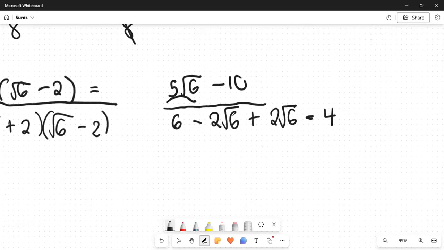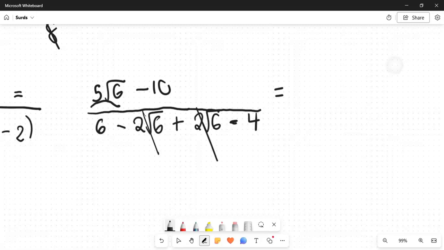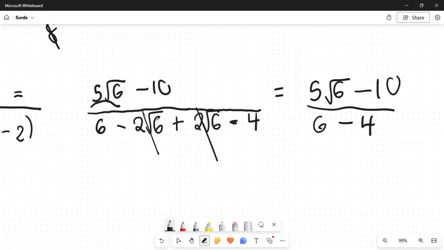In rationalization, in order to get the answer, we have to get rid of the surds in the denominator. The surds are the same, 2 root 6 and 2 root 6. If we get rid of those, it's 0. So we're left with 6 minus 4.